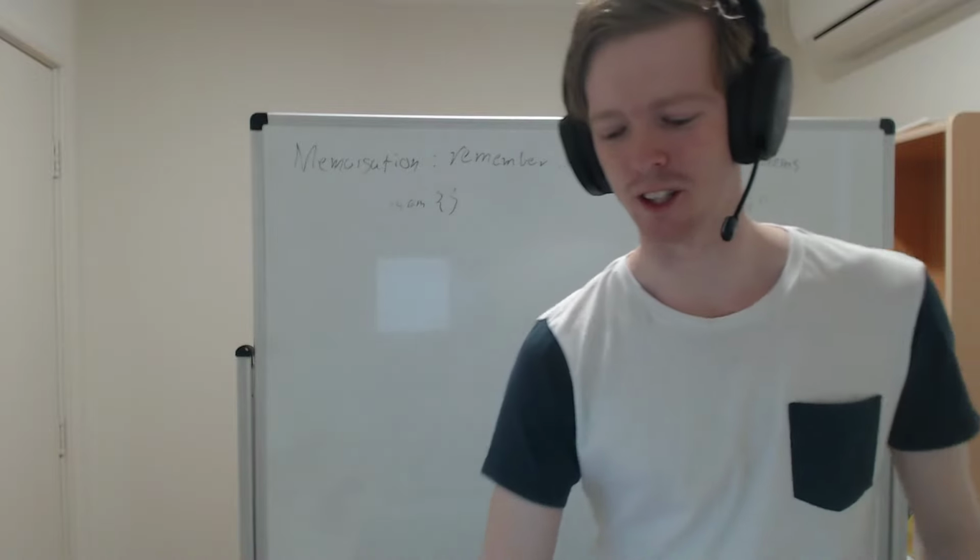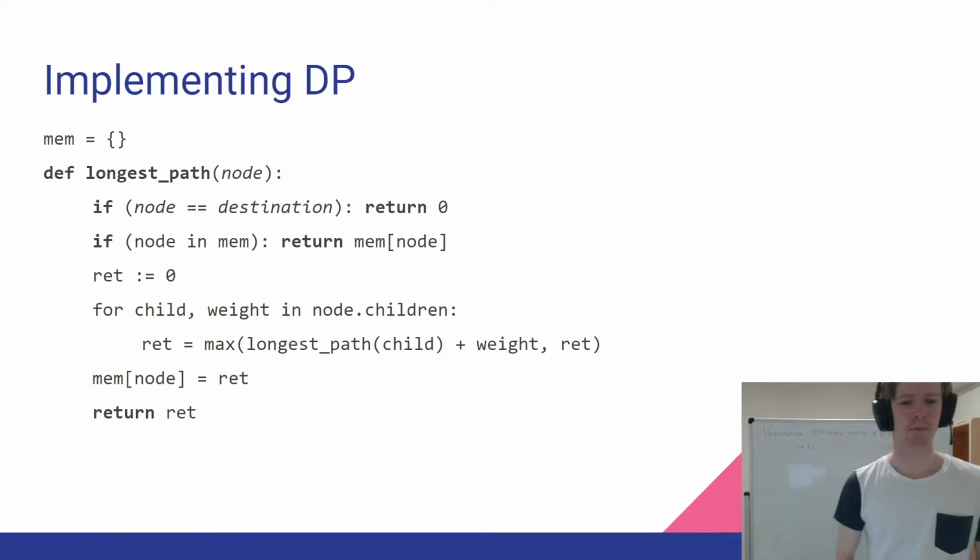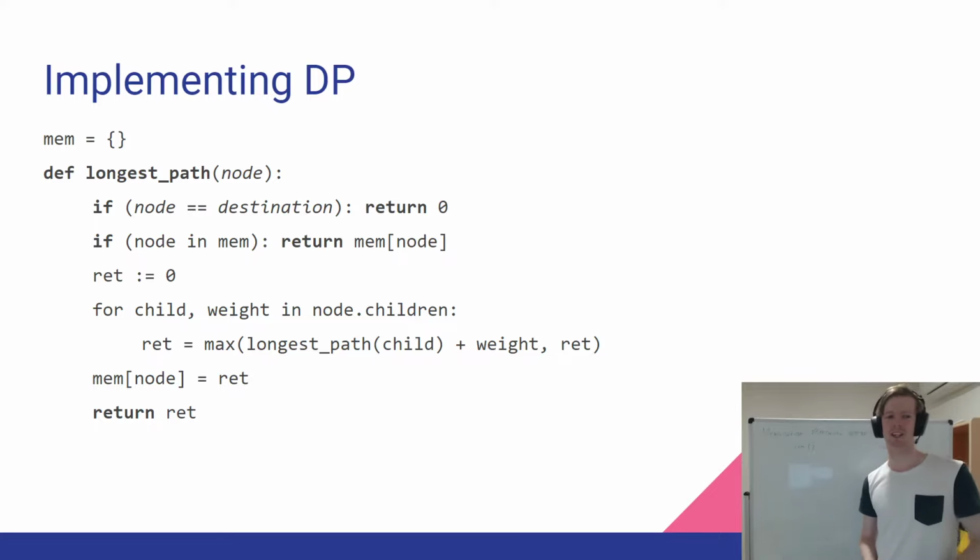So what does this look like in actual code? Again, we see our mem dictionary being used at the top. First of all, it doesn't really matter whether you check if it's the destination or whether it's in memory first. Actually, it would be a slightly better running time to check memory first, but that's not really a huge deal.